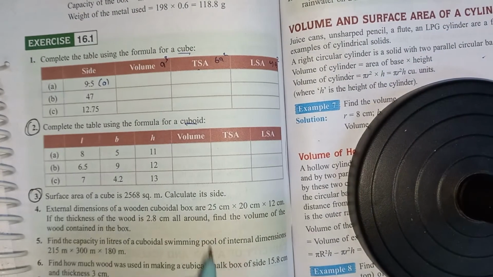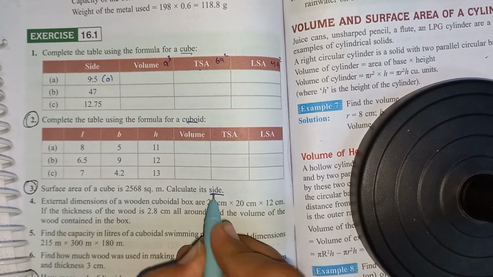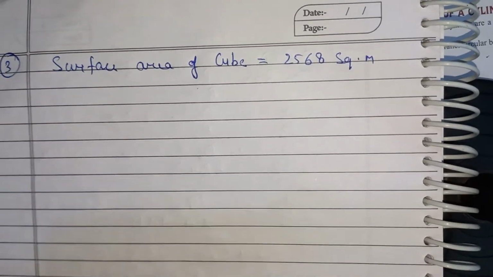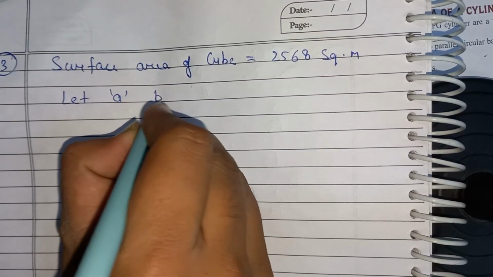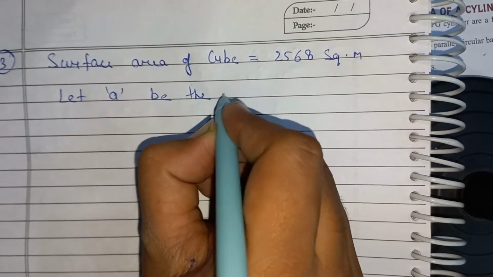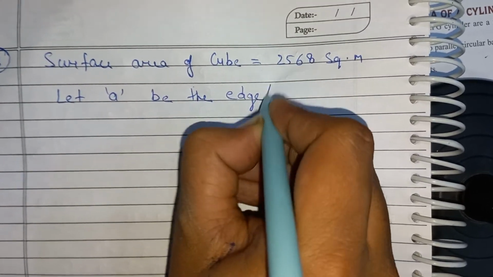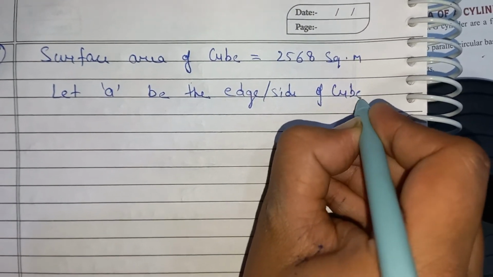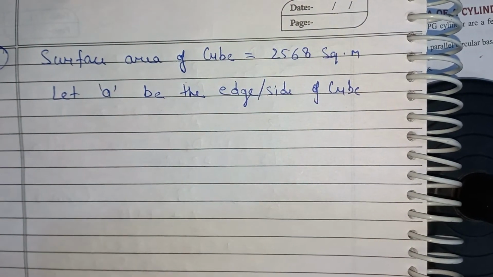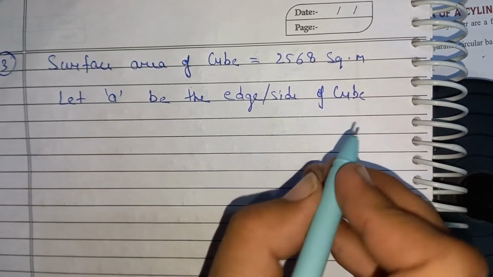In this question he is simply asking to calculate the side. What is the side? Side means edge. Let a be the edge or side of the cube. In the question he is saying side, so you can simply write side.